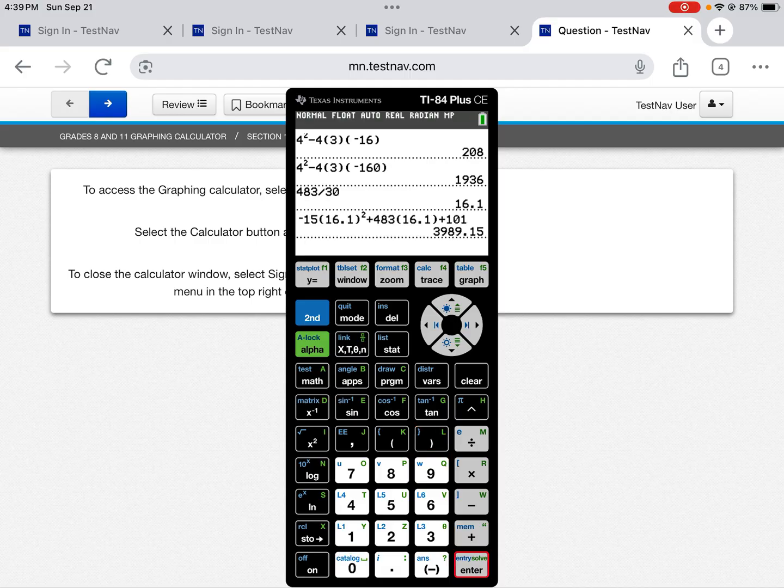And that is a maximum profit of $3,989.15. I have a mistake somewhere. No, I think it's right.